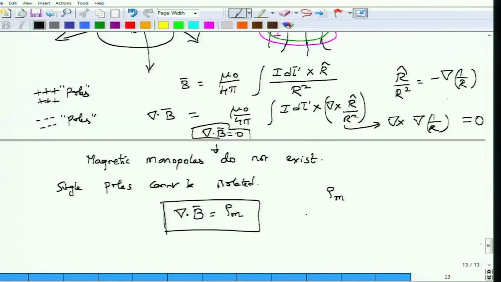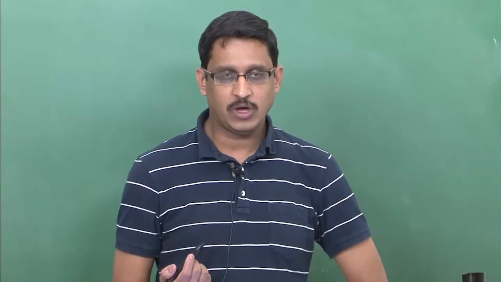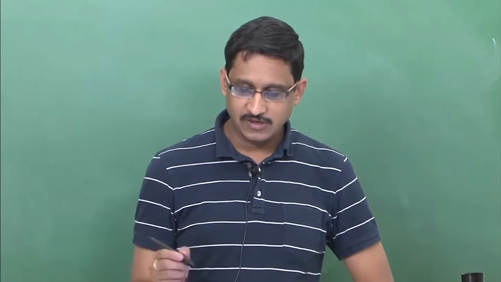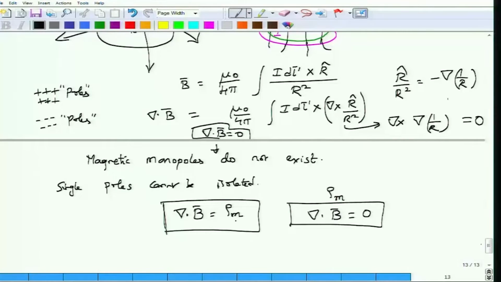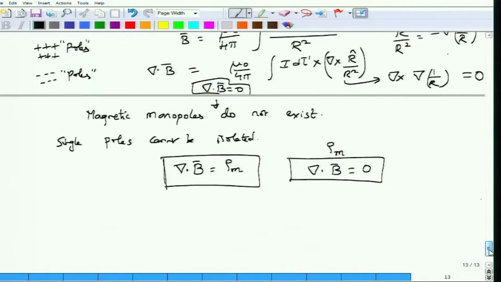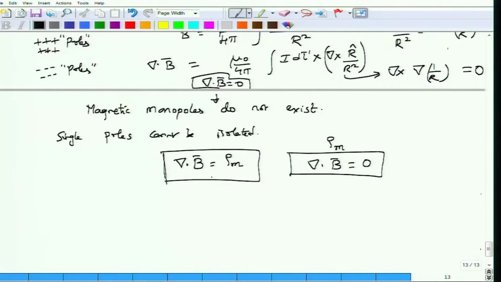Otherwise, in so far as what we have seen, del dot B is equal to 0 all the time. But even if there are magnetic monopoles, then this law has to be modified. Now you have to distinguish between this law as a physical rule and this law as a mathematical tool.